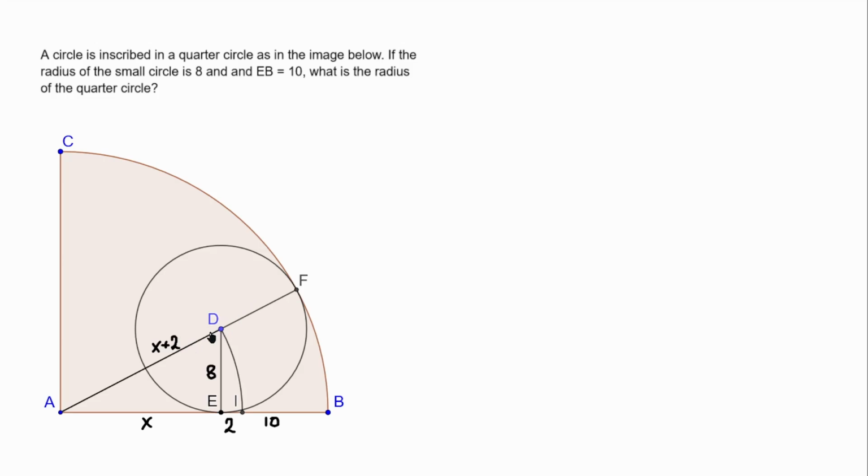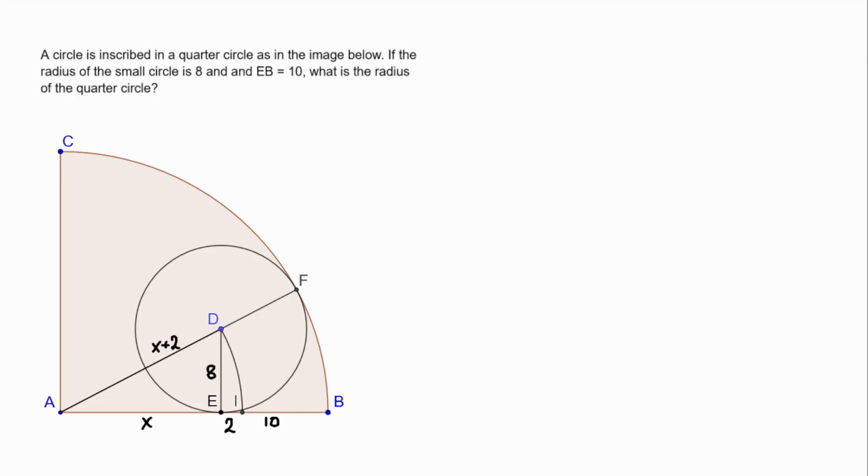So the distance from D to F will be 8. And this distance has to be the same as the distance from I to B because of this construction that we made. So we know that the distance from I to B is 8, and we know that the distance from E to B is 10. So we get that the difference between these distances is 2, which is why we can write that down.